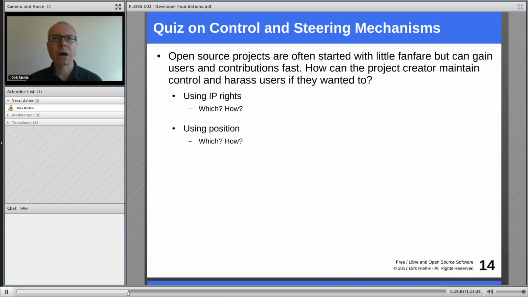So how could you harass your users, and by extension, what would your users not like to see, meaning how could they possibly gang up on you with the goal of making sure nothing bad happens to them? I'll wait a bit while you discuss this.